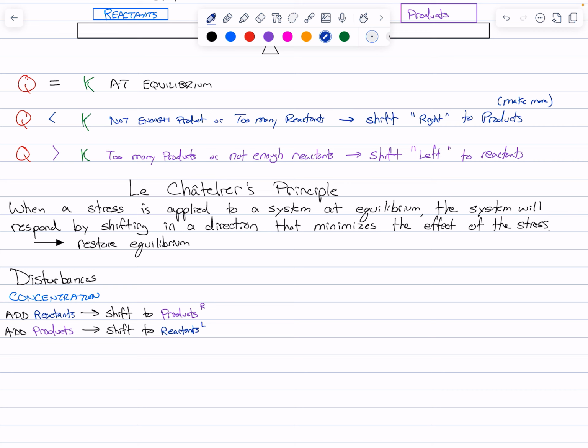So when you say it shifts right, it's to products. It shifts left, to reactants. Now you could remove reactants, and in that case, we would shift to the reactants.